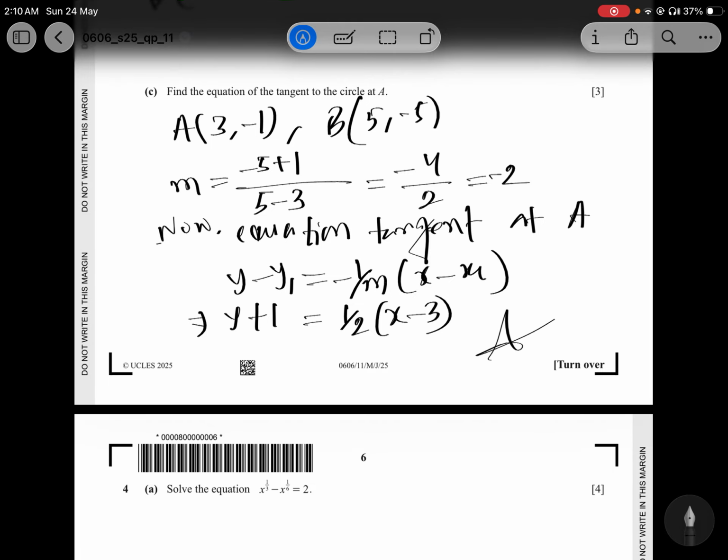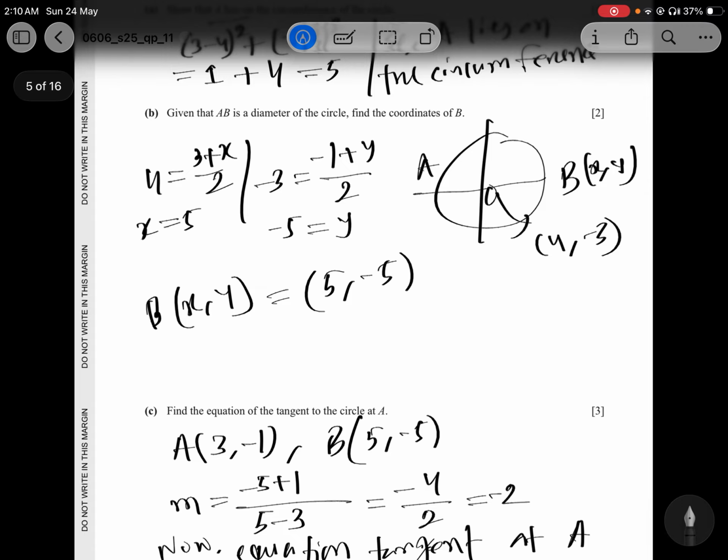So it should become the answer. This is the diameter, so the normal of AB at A would become the tangent at A, basically.